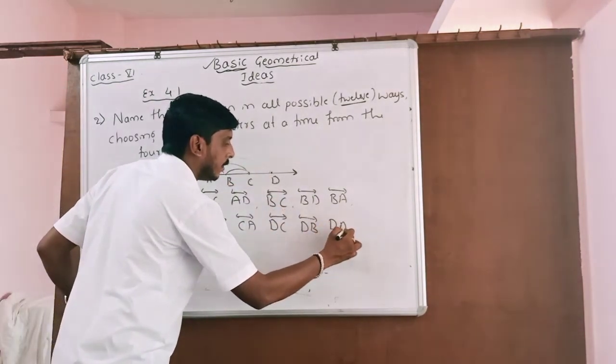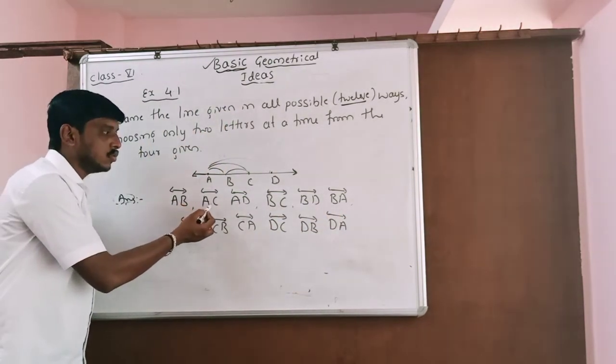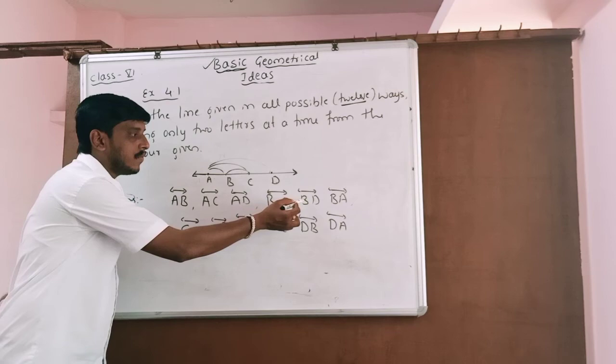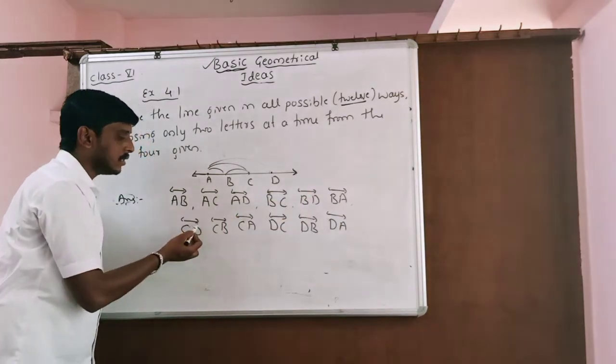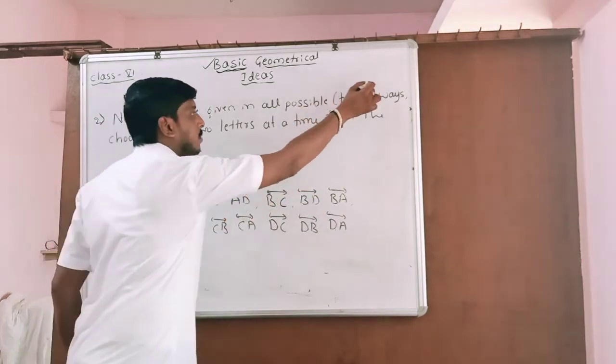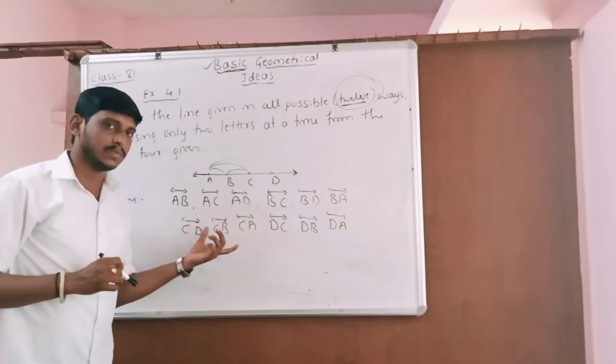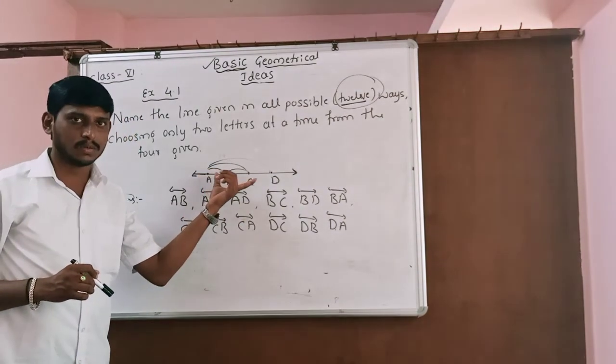So now count it. 1, 2, 3, 4, 5, 6, 7, 8, 9, 10, 11, 12. How many did they mention? Maximum 12 ways. This is the 12 lines we found with the help of the given 4 points.